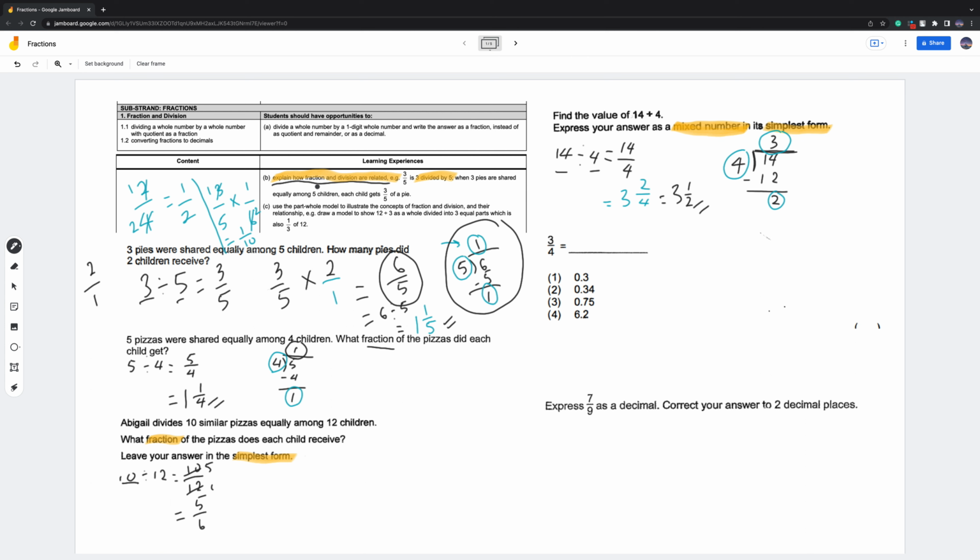Now, the next part here is converting fractions to decimals. There are two methods to do this conversion. The first one is to change the denominator to either 10, 100 or 1,000.